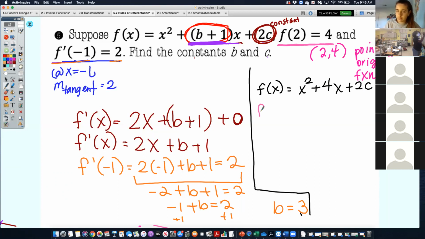So that means I can plug in 2 for x and set it equal to 4 because f of 2 should equal 4. Why wouldn't you be able to use the derivative? Because the derivative no longer has any c. So I have to go back to the original.